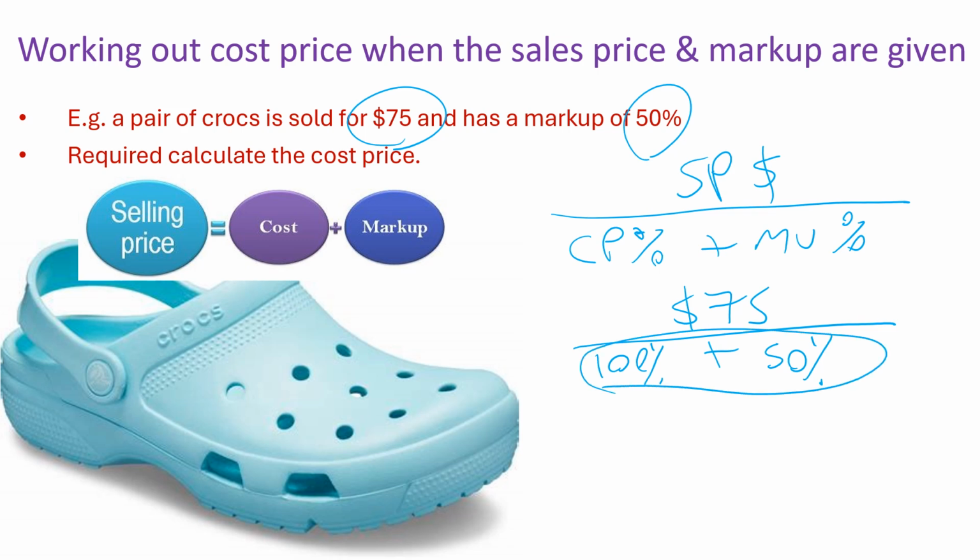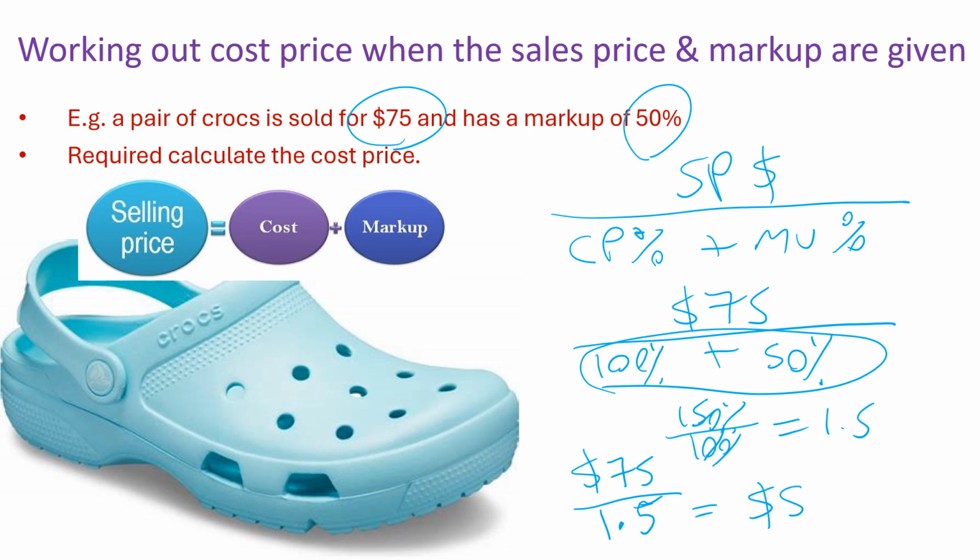If we add these together, that's going to equal 150%. Divide that by 100, and you're going to get 1.5. So therefore, we need to divide $75 divided by 1.5, 100% plus 50%. That equals $50, which is our cost price.